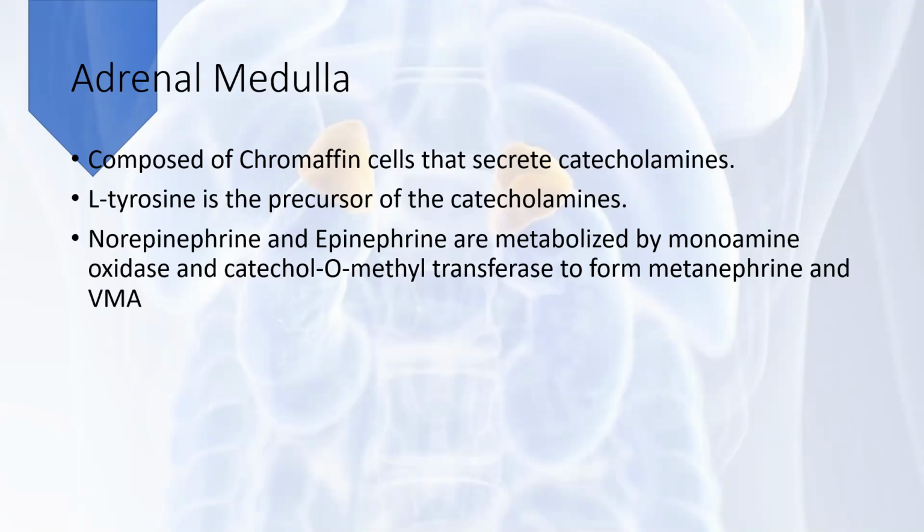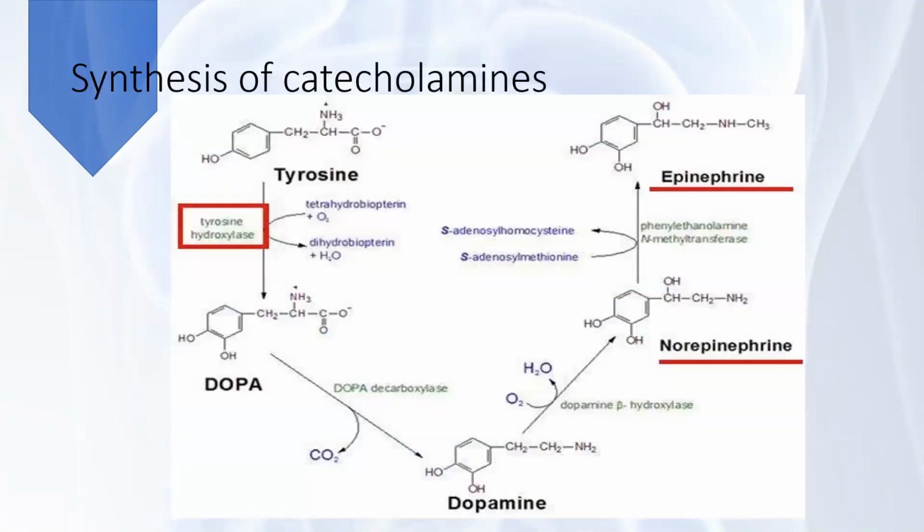Now, adrenal medulla is responsible for the production of what we call norepinephrine and epinephrine. Okay, so this is the synthesis of our catecholamines. Now, remember guys that all catecholamines are formed by the synthesis or conversion of our tyrosine.